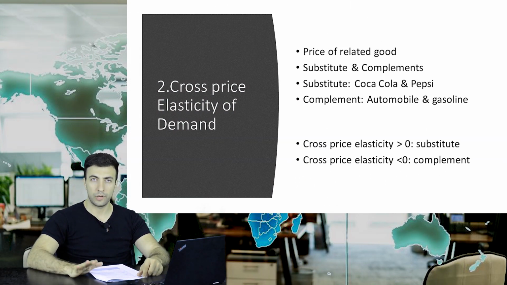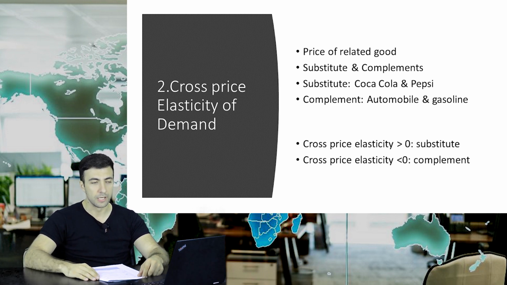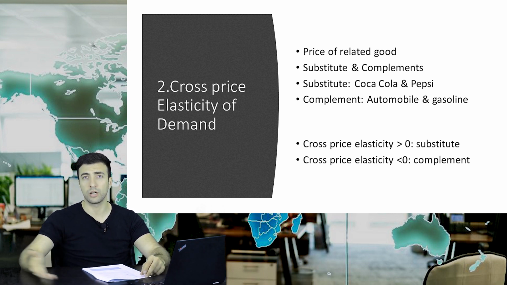So guys, so far we have already discussed and explained own price elasticity and income elasticity. Now it's time to discuss the cross price elasticity of demand. As you remember, while we were explaining the own price elasticity of demand, we assumed that the prices of other goods are constant.